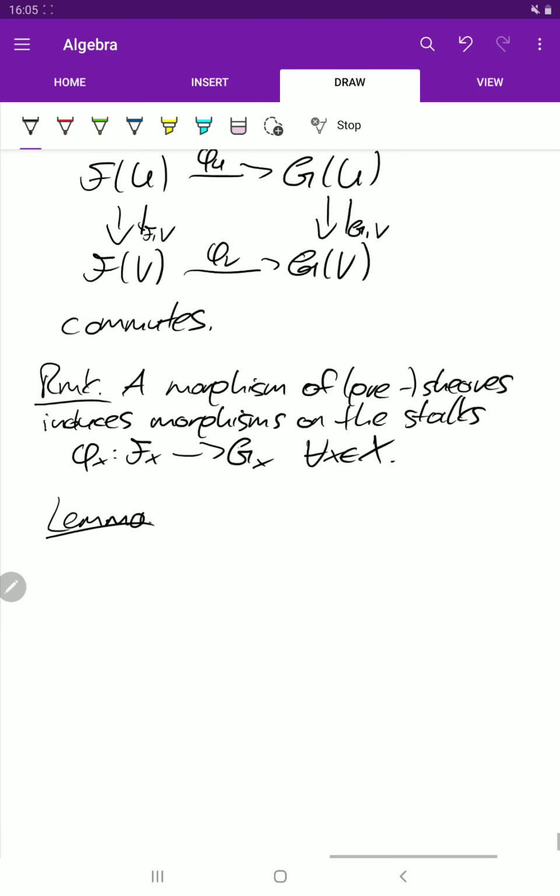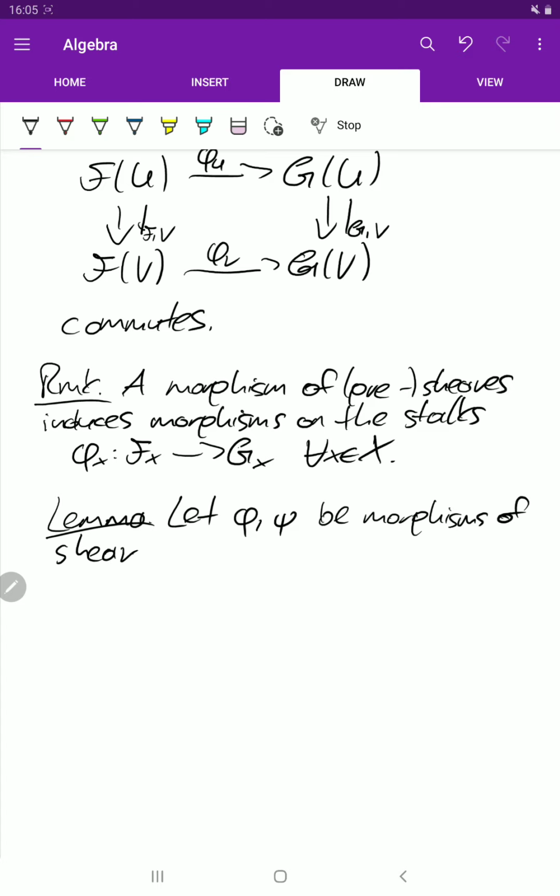Okay, and now we're going to use these morphisms at the stalks. So namely, now we'll get a quite nice result. So let's take two morphisms of sheaves phi and psi from F to G, and I claim that phi is equal to psi if and only if phi_x is equal to psi_x for all x in X. So if the induced morphisms are equal.